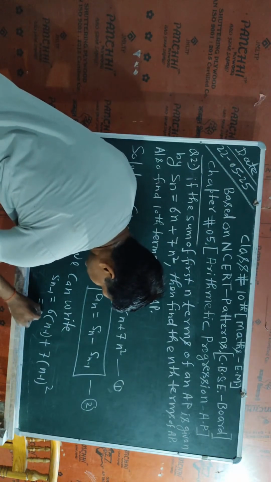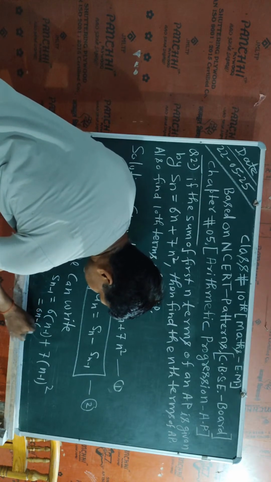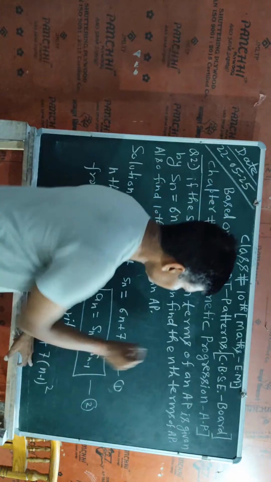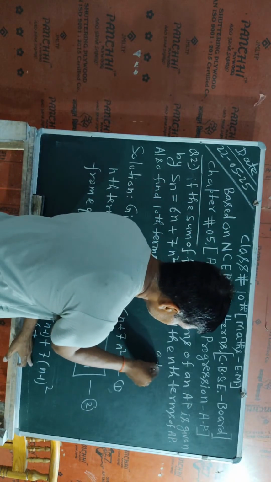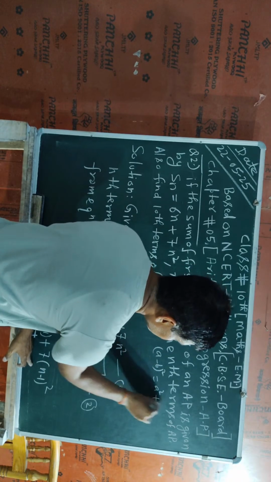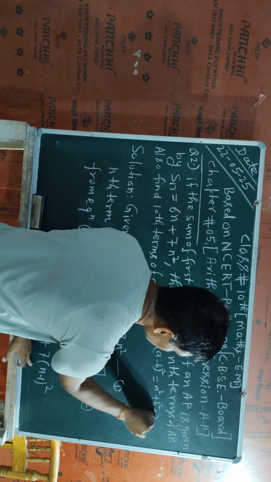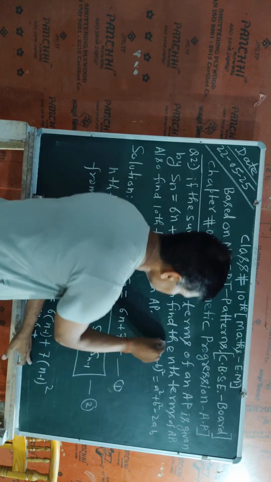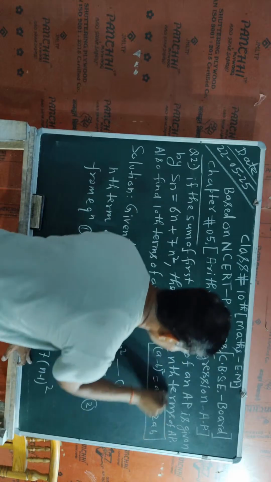So here I will say 6n minus 6, and here I am going to use the identity (a minus b) whole square equals a square plus b square minus 2ab. After using it I will simplify.